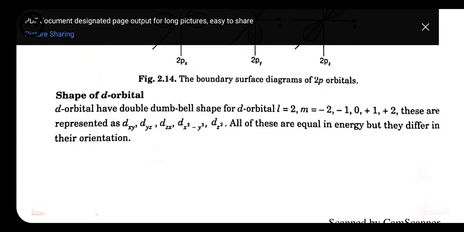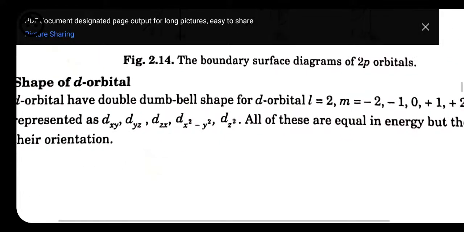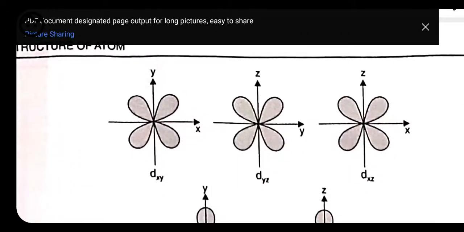So see how the shape of this is explained. See this one. For dxy, the first one, the first two lobes are present between the x and y axis, and the second is going to intersect this one.